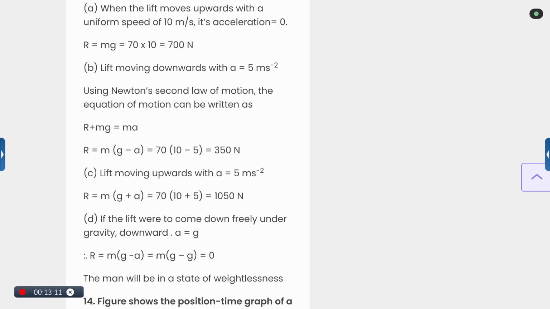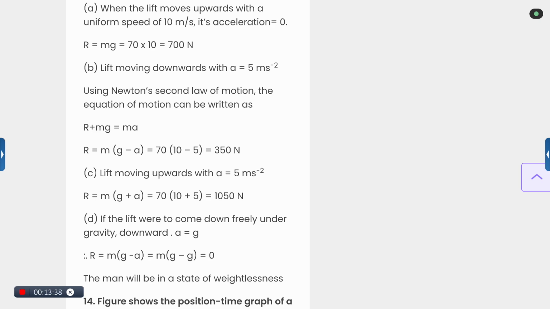When the lift is moving up, what is the basic equation? What is the apparent weight? M into G plus A. Moving up is G plus A, moving down is G minus A. Here, A becomes 0 because it's uniform velocity.